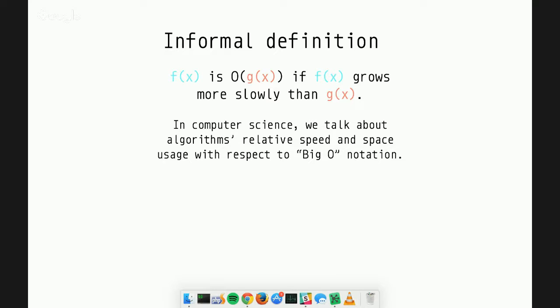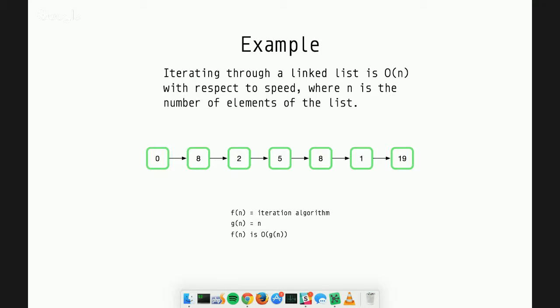And so the slower the function grows, so to speak, the less of an effect the size of the data set has on the speed of the algorithm, the better it is. So here's a simple example. Let's say we talked about singly linked lists in the first Breakfast Bash, I think, or maybe actually it was like the third Breakfast Bash of mine.